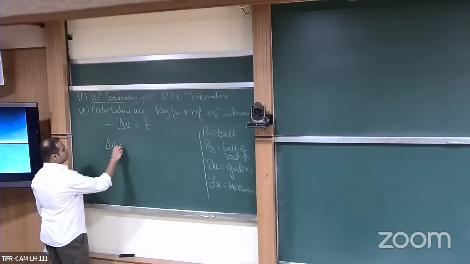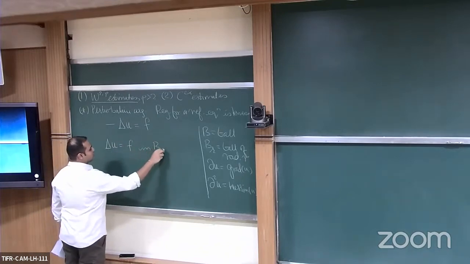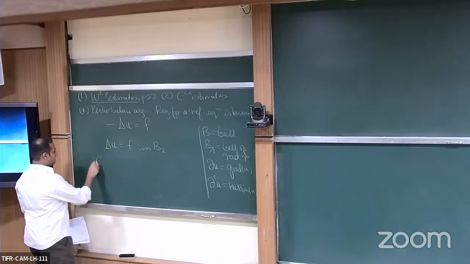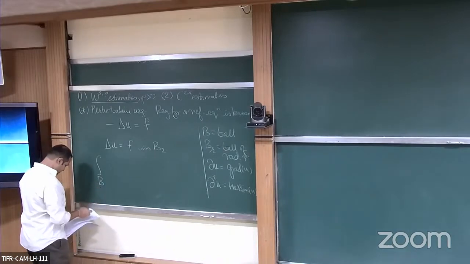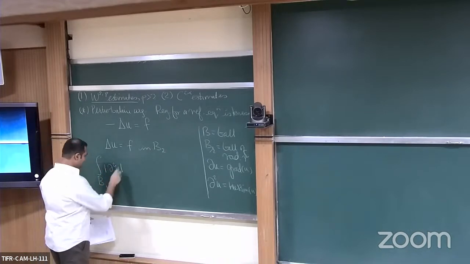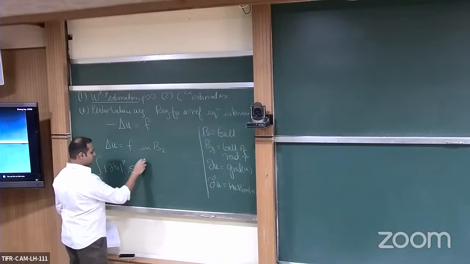So the starting point is one. If I have this, let's say 2 weights, okay, then I have the following. This means the constant does not depend on U.